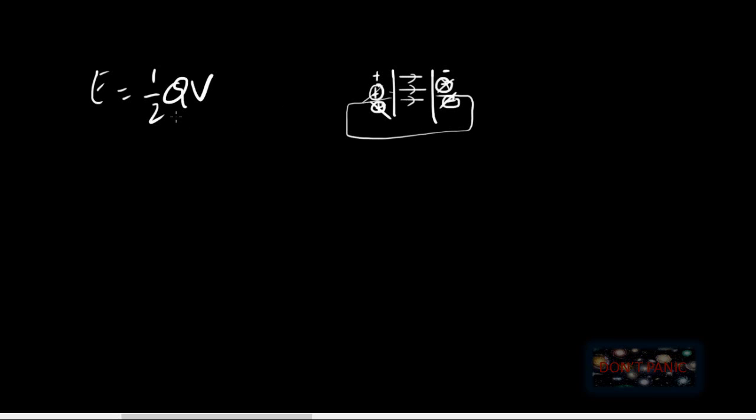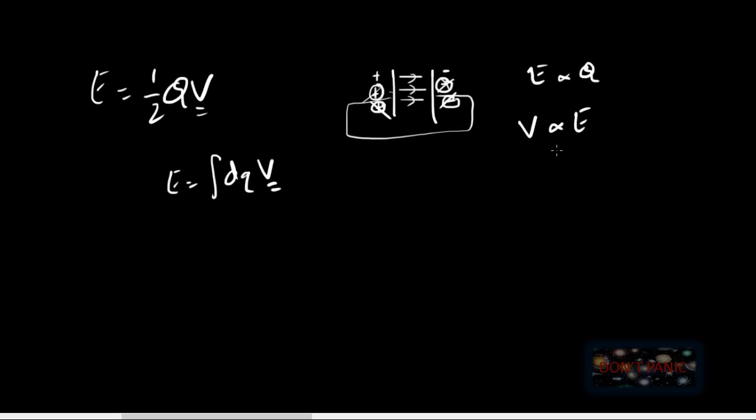So you cannot just say Q times V, because V is not constant. That's why in that formula, when we said that E is equal to the integral of dQ times V, if V was constant, we could have just pulled it out of the integral and said that E is equal to Q times V. But that's not the case. V is constantly changing because the electric field is proportional to how much charge is on the plates, and voltage is proportional to the electric field, right?